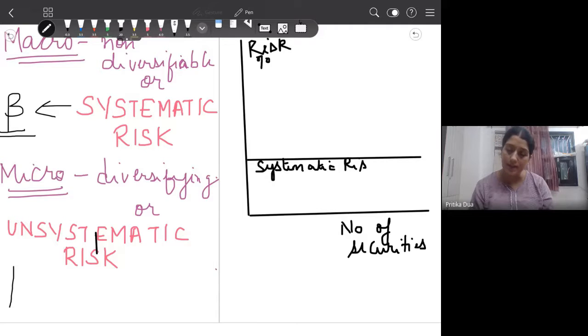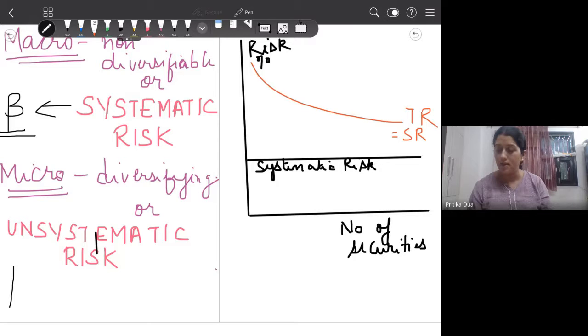On the other hand, to depict the total risk, I will have a downward sloping curve. Now, total risk is the sum total of systematic risk plus unsystematic risk.